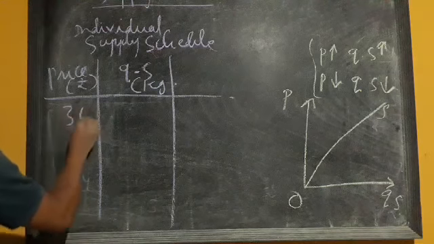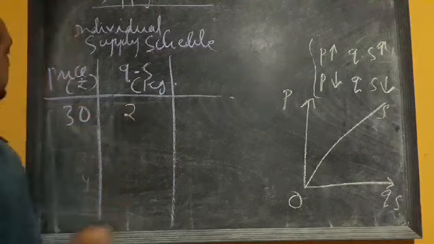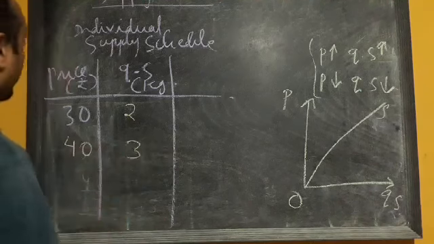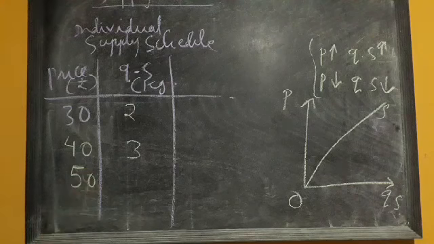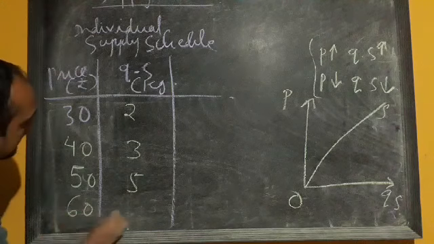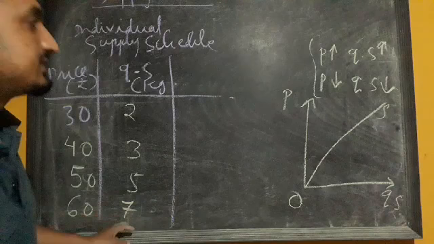Now when the price is 30 rupees, the quantity supplied is, say, 2 kg. When the price increases to 40, suppose the quantity supplied is 3. Again, when the price increases from 40 to 50, suppose the quantity supplied is 5. Similarly, if the price increases from 50 to 60 rupees, suppose the quantity supplied increases from 5 to 7.